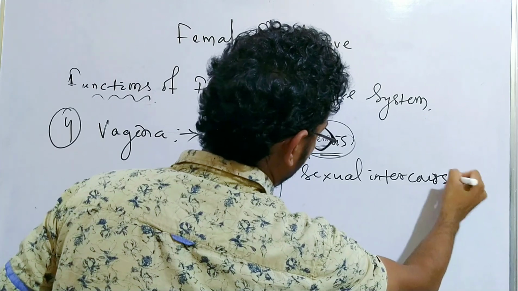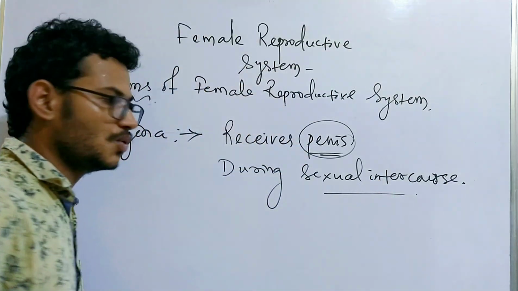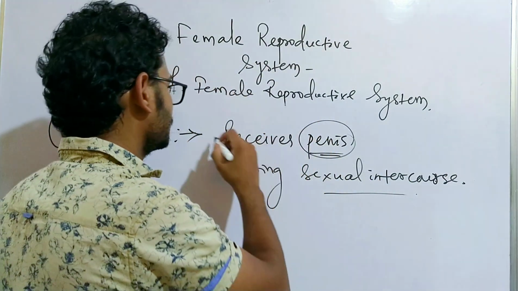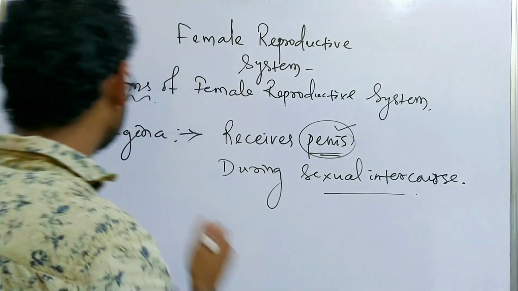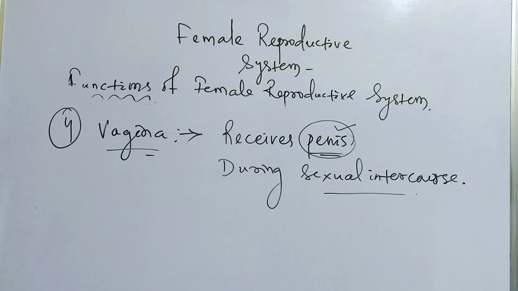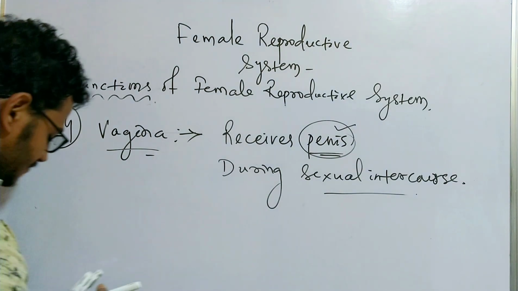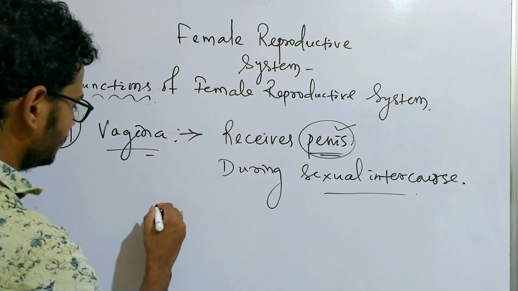During sexual intercourse, or coupling between male and female, the penis of the male enters the vagina of the female, and it is the passageway for childbirth.